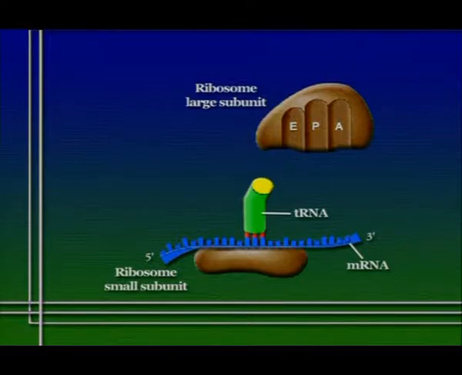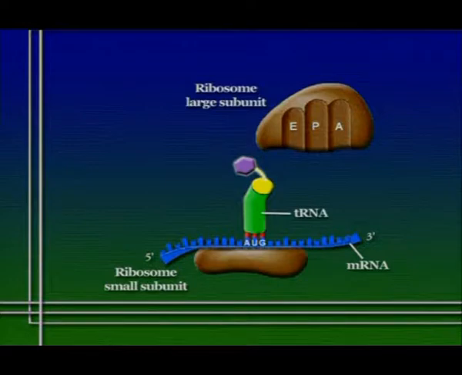Let's go back to the genetic code. You might guess at what that initiator tRNA is going to be specifying. It's going to have the anticodon that corresponds to the start codon in the genetic code, AUG, which codes for methionine. So the initiator tRNA is going to have a methionine attached to it.